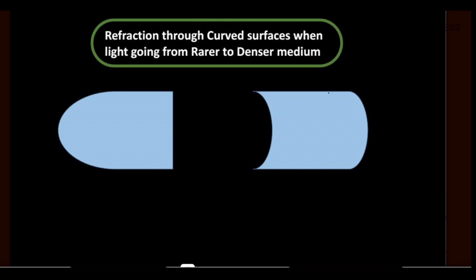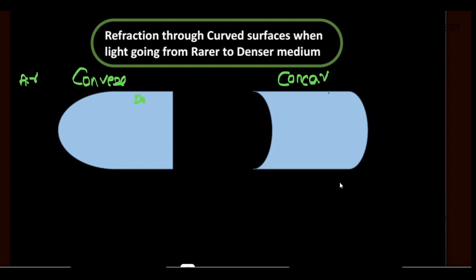So here we are going to discuss refraction of light through a curved surface, where the interface here is a convex surface and here it is a concave surface, right? Now it is air medium, that means rarer medium, and this colored surface you can consider as any denser medium.